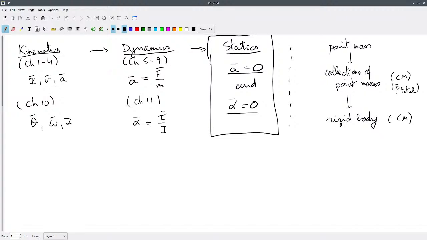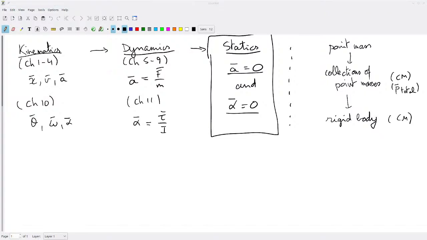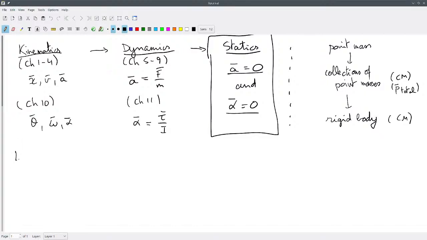That's the thing that we want to avoid, and we want to come up with some conditions under which we are able to talk about static situations. What we'll call these situations is equilibrium situations.